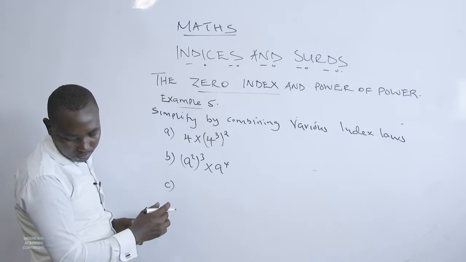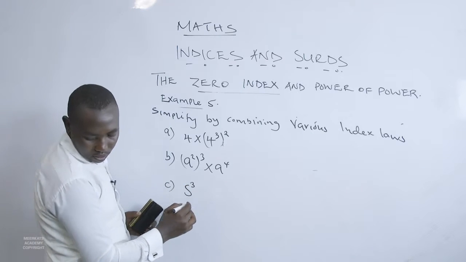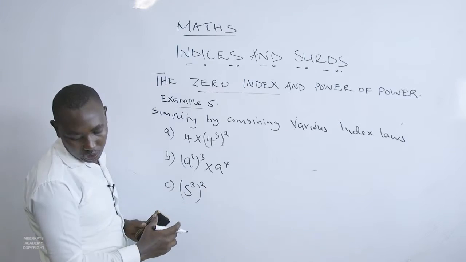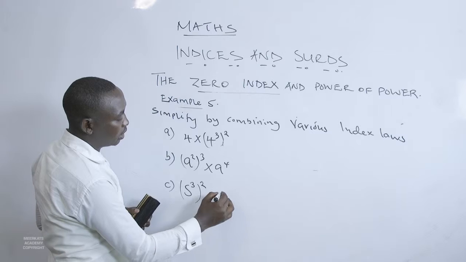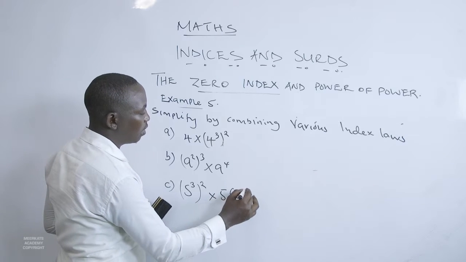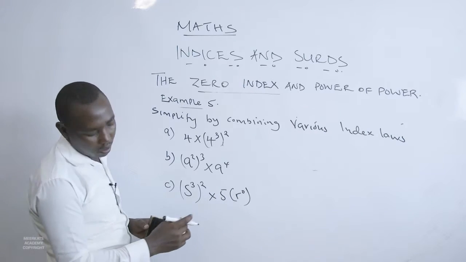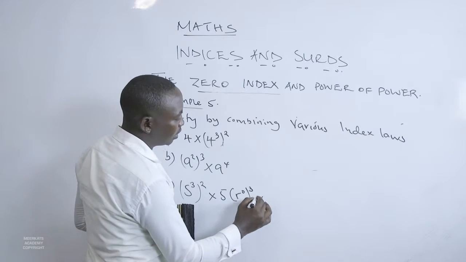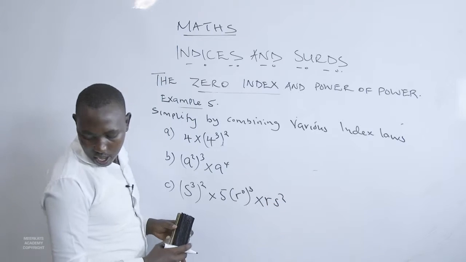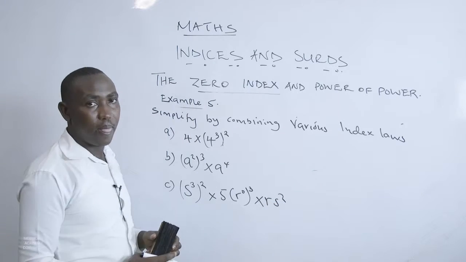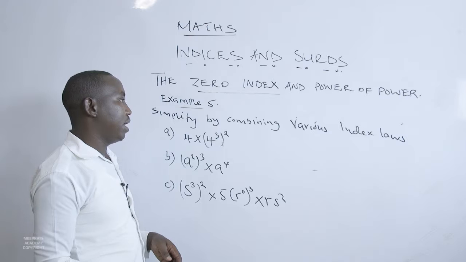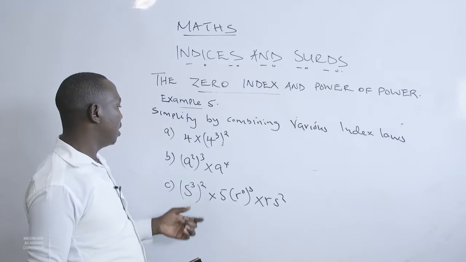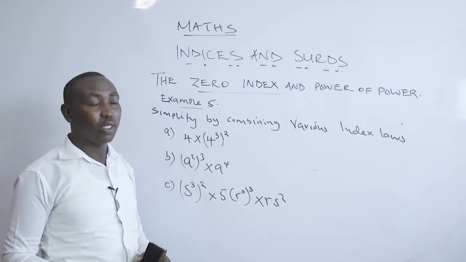Number C, s cubed raised to 2 times 5 r raised to 0 multiplied by 3 times rs squared. So we want to combine the different laws of indices to be able to solve these 3 questions.